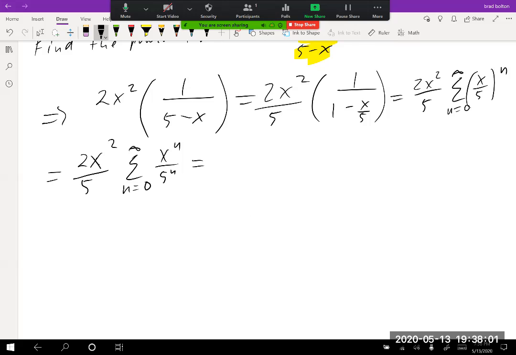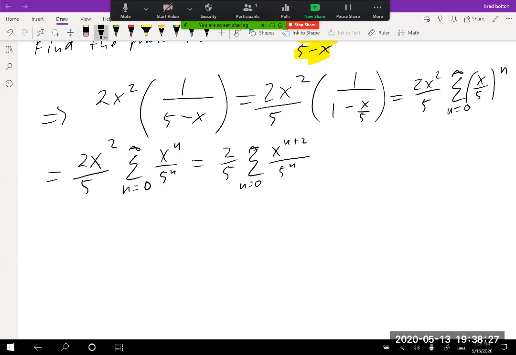So we're going to bring that x squared in, and that will become x to the n plus 2 over 5 to the n. Now all I did was multiply x squared into the summation. Remember, the summation is addition or subtraction, so it's technically saying this term plus this term plus this term.